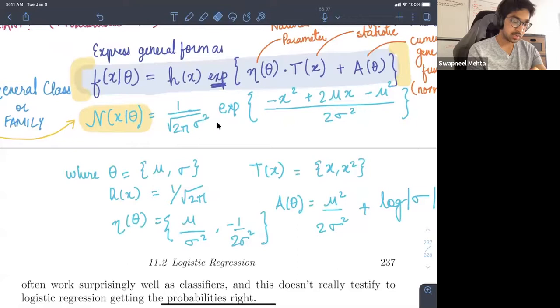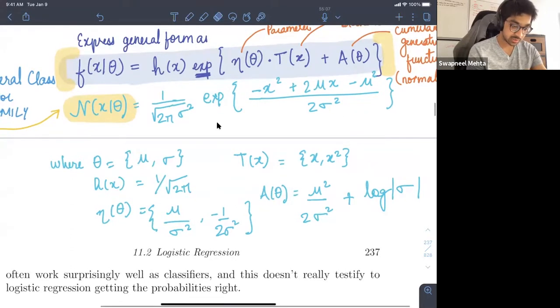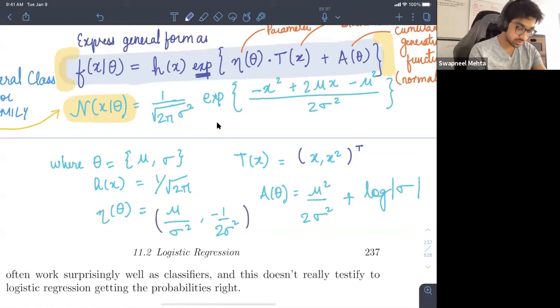And if you want this entire expression to correspond to this, how you factorize it is you obtain your t of x times eta of theta. So eta of theta cannot be a function of x, and t cannot be a function of the rest. So you obtain t of x as x and x square, this vector transpose, and you obtain eta as this transpose.